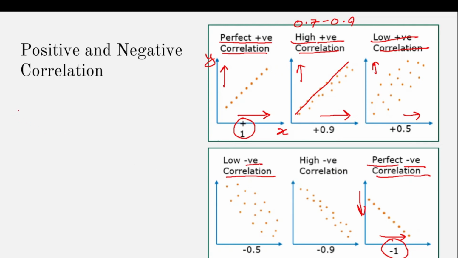An important point to note is that for perfect positive correlation, the value is 1, whereas for perfect negative correlation, the value is -1. And also, correlation can take any value between -1 to +1.